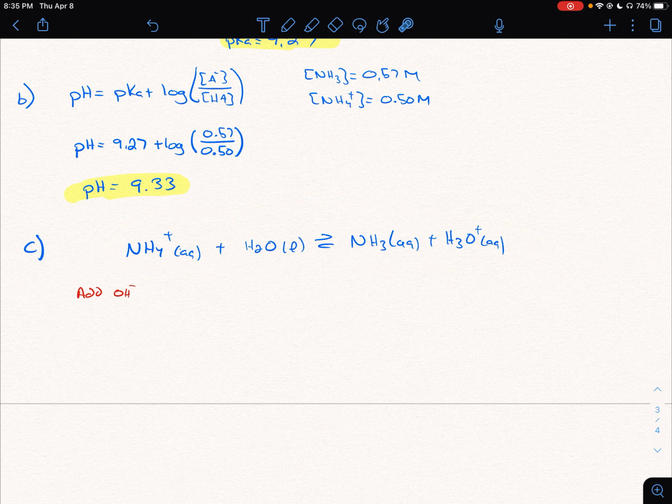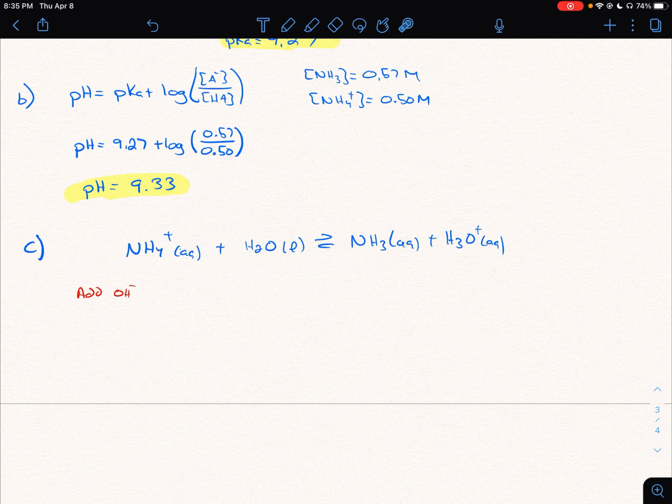So the question is, what will the hydroxide react with? And so the hydroxide is going to react with the acid, and the acid it's going to react with is the ammonium. So think about what's going to happen. If we react the hydroxide with ammonium, then some of this ammonium is going to be converted to ammonia.